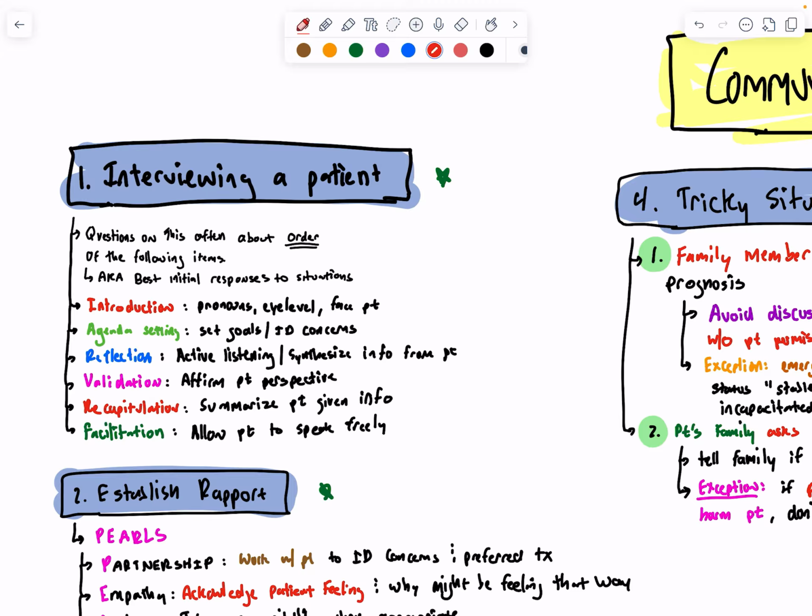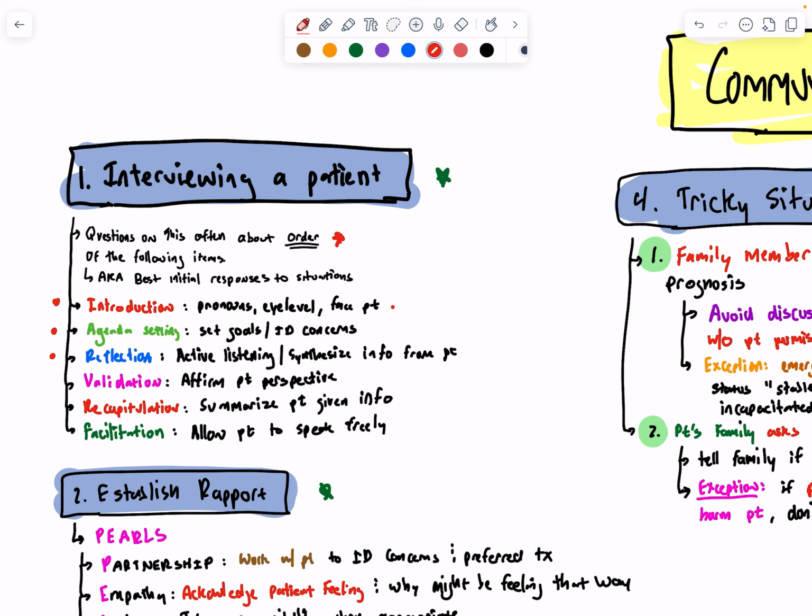But interviewing a patient, you might have an order of the following items. Basic interview setup: introduction, pronouns, ask them what their pronouns are, get at eye level with them, sit down, make sure to face the patient, work with the patient to set the goals and identify their concerns.